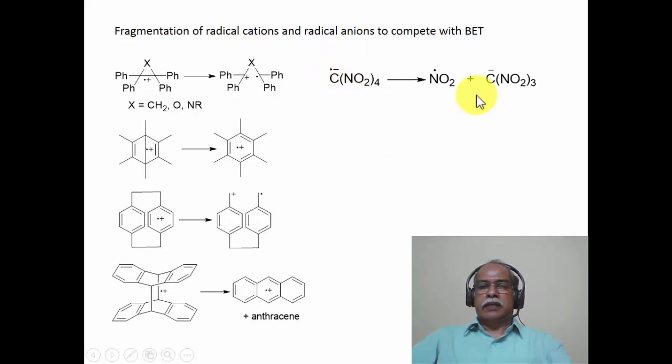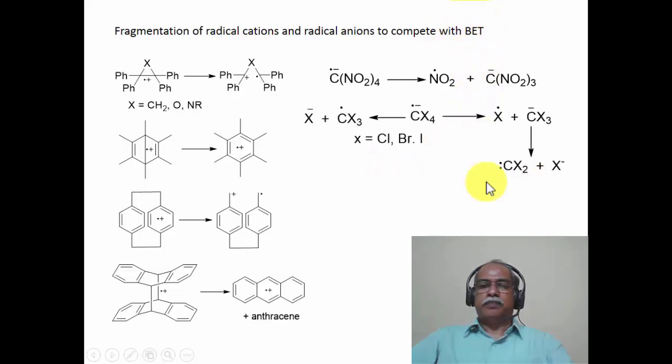Similarly, tetrahalomethane anion radicals also spontaneously fragment. Either a trihalomethyl radical and a halide anion is produced, or a halogen radical and the trihalomethyl anion is produced. It depends on whether it is chlorine, bromine or iodine. If it is a chlorine molecule, this process is quite facile.